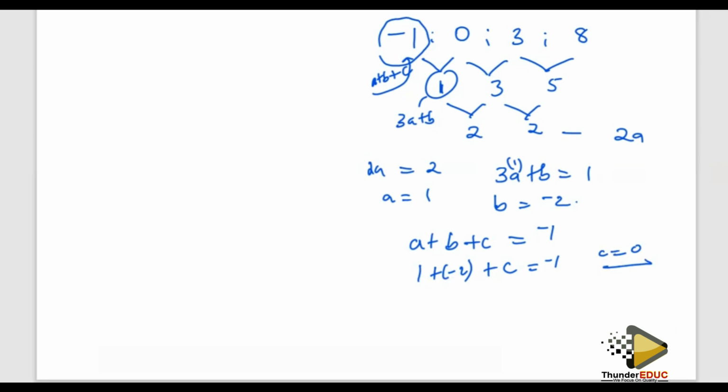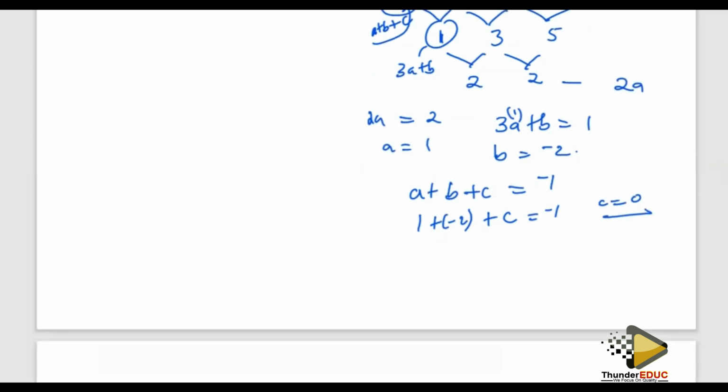C is a 0. So which means our Tn is going to be n squared minus 2n plus a 0. Does that make sense? It does.